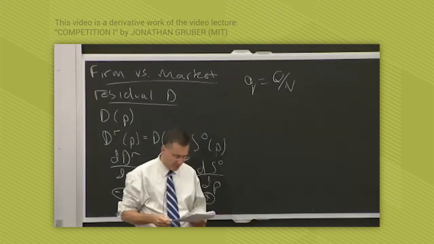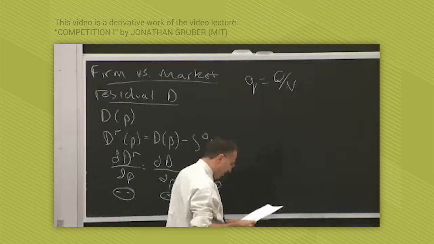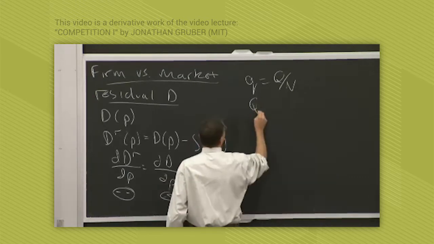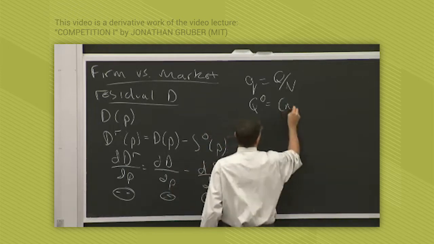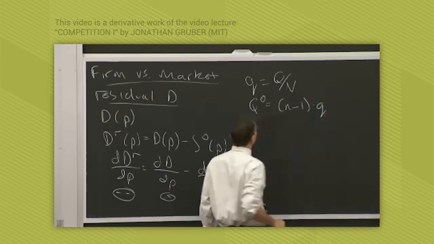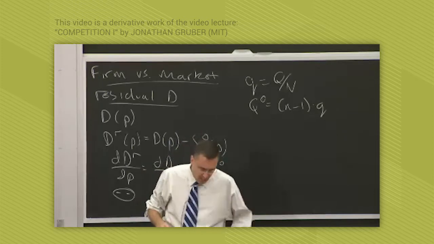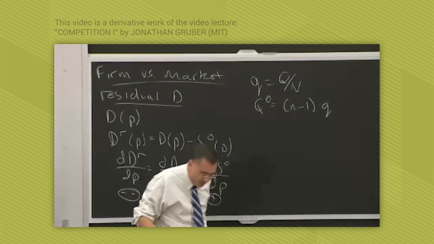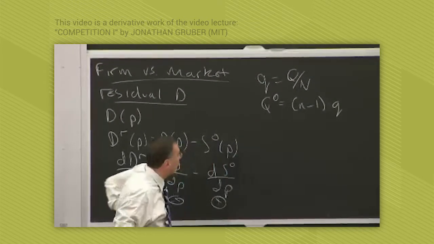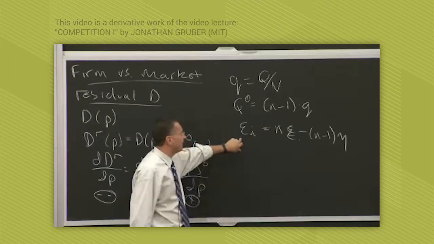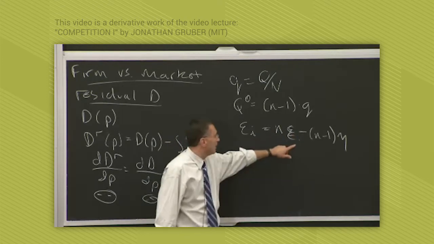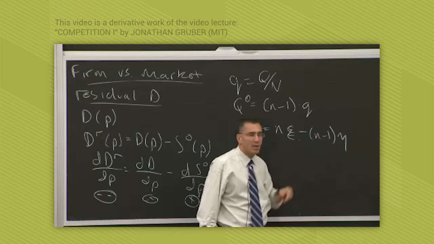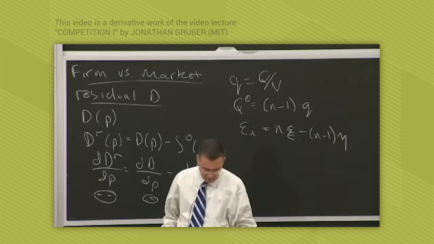And so therefore, the amount produced by other firms, Q^0, is n minus 1 times q. So the elasticity of demand facing a given firm, epsilon sub i, is n times the elasticity of demand for the entire market minus n minus 1 times the elasticity of supply for the market.